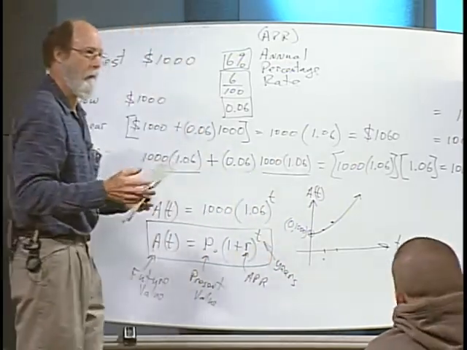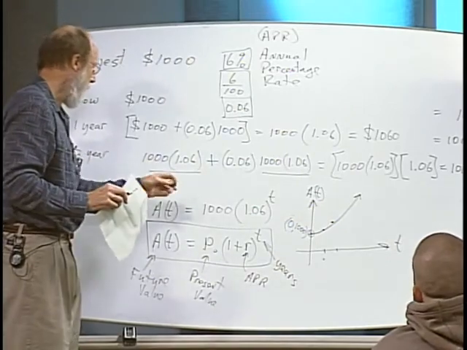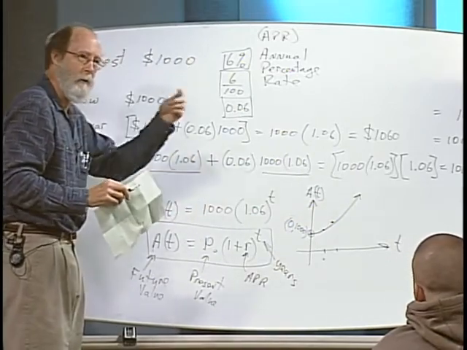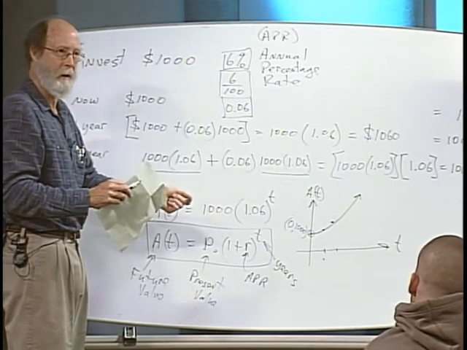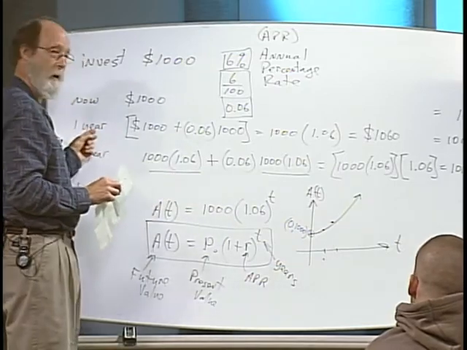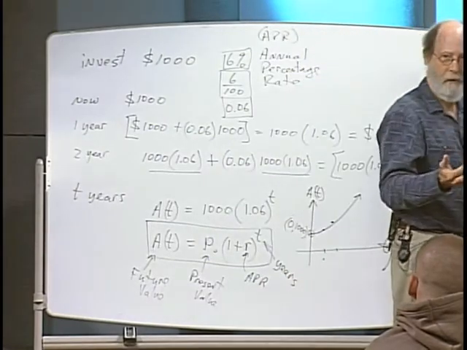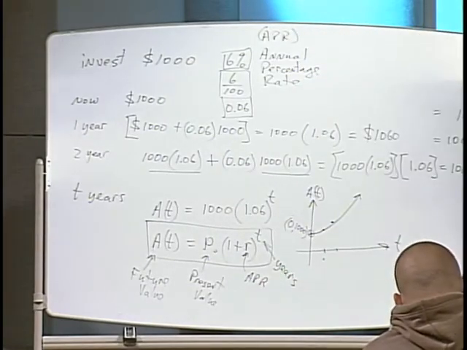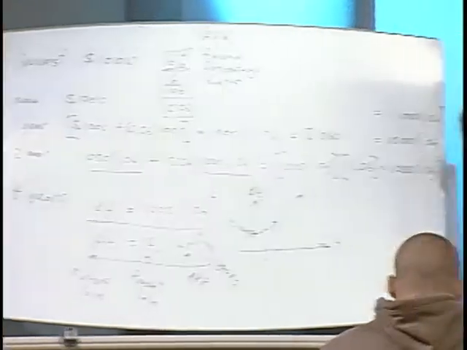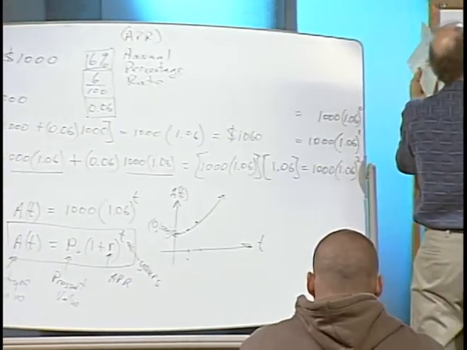Let's see what happens with an investment if you are given the interest return more frequently than just once a year. This has been called compounding. Okay. Compound interest.